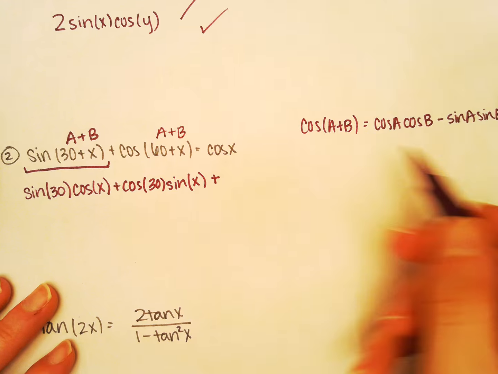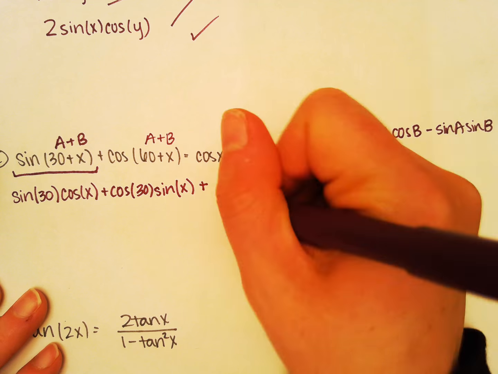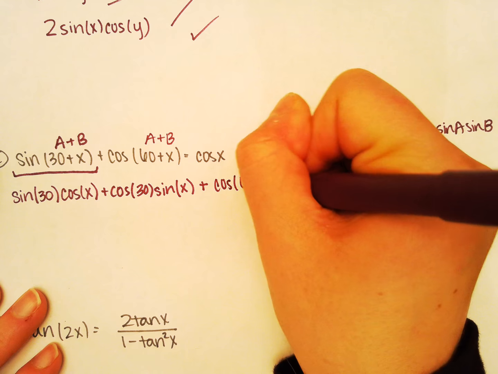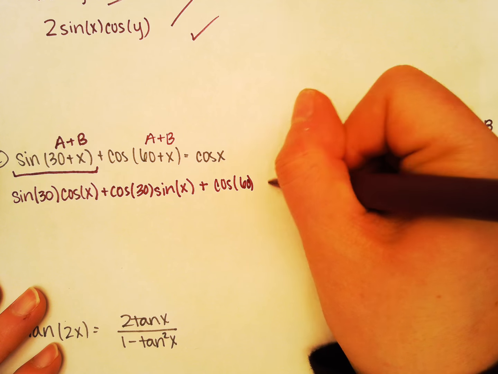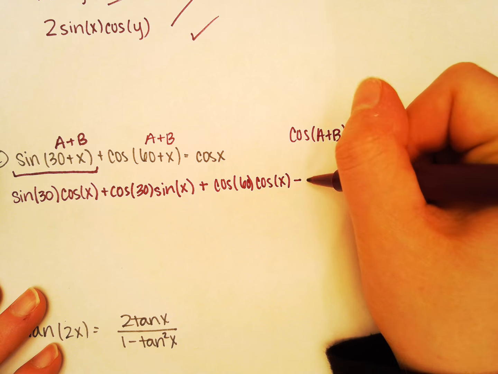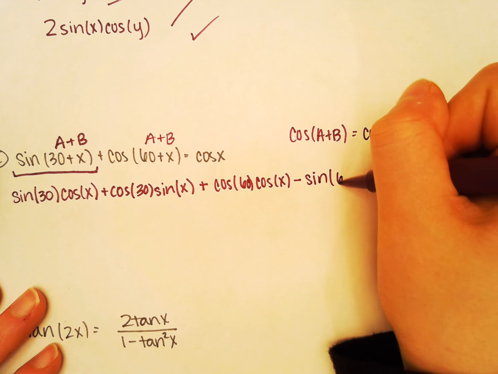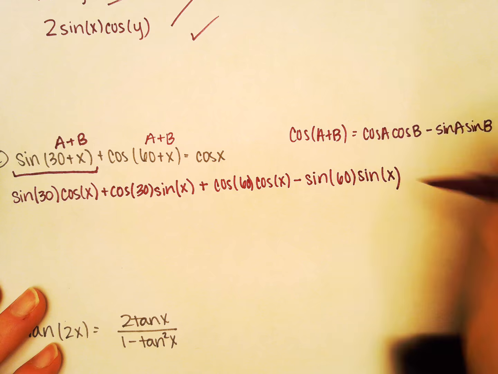So we'll expand it out using this identity. We'll have the cosine of A, which is 60, and the cosine of B, which is x, minus the sine of A, which is 60, and the sine of B, which is x.